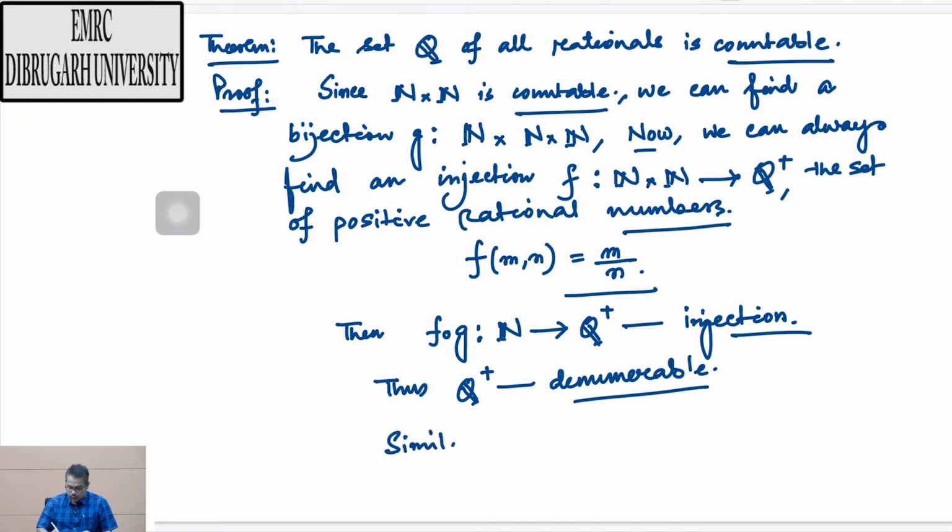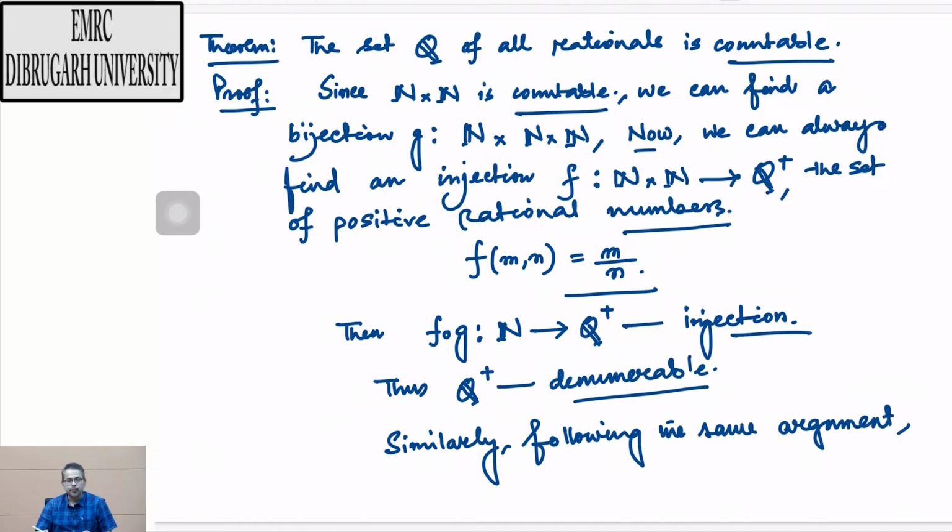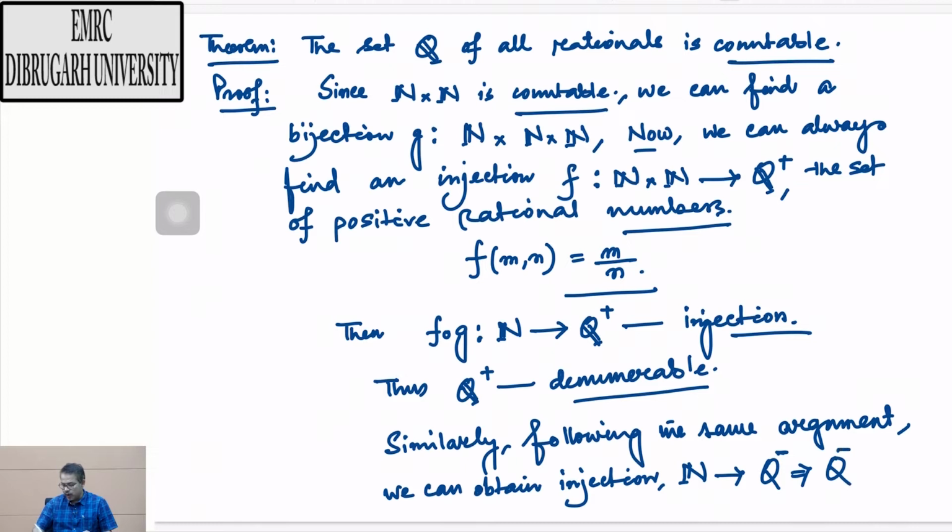Similarly, following the same argument, we can obtain an injection from N to Q minus, so that Q minus is also denumerable.